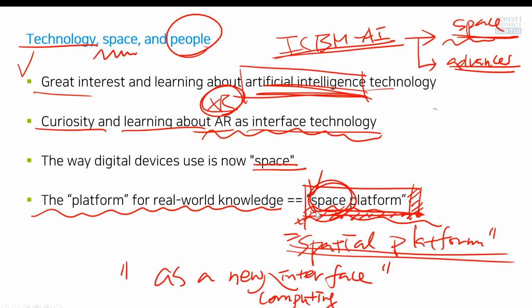Space, your room, your bedroom, your toilet, your classroom, your workspace as a new computing interface. That's sort of a single phrase for this AID class, some theory behind the background. Okay, that is why I keep saying this again and again.